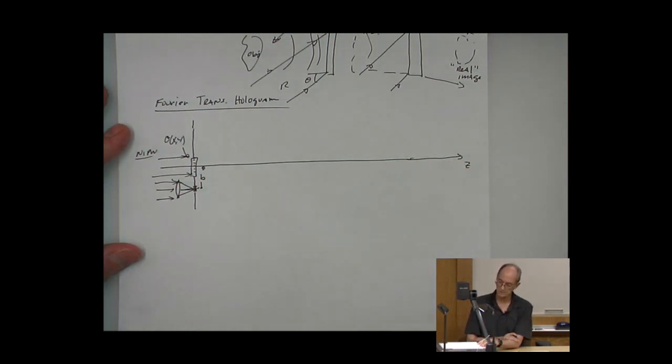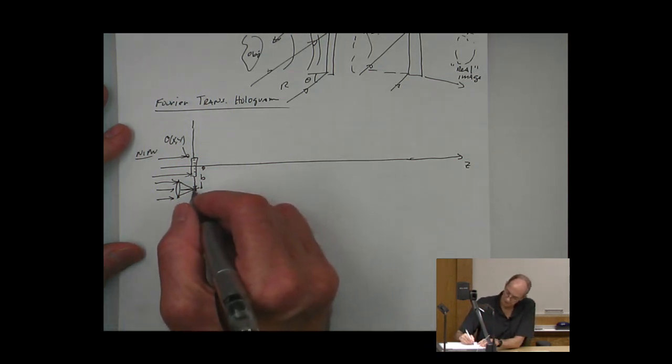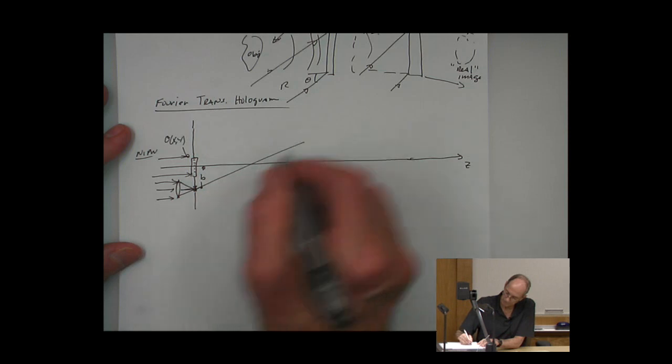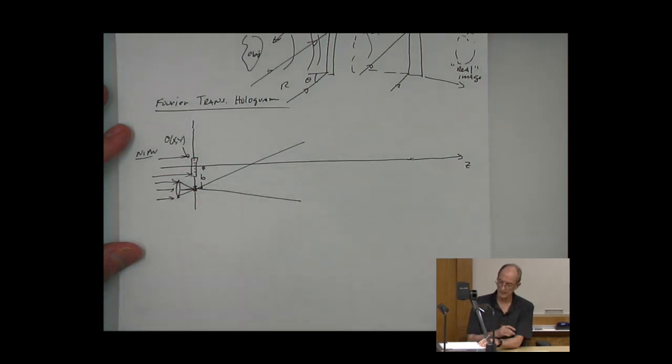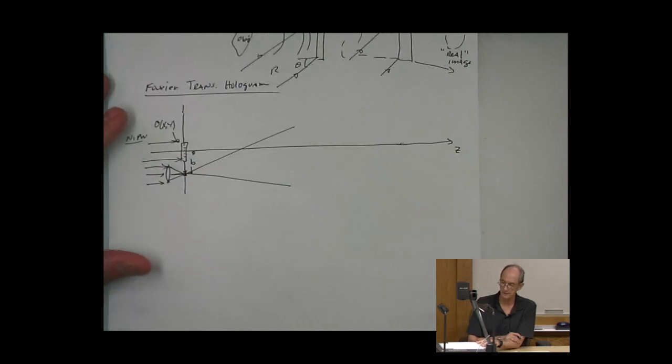So what you now have is an expanding wave that comes out of that hole, basically. It's like our spatial filter that we had in the lab setup, all right?